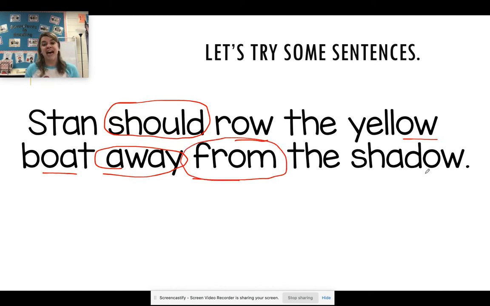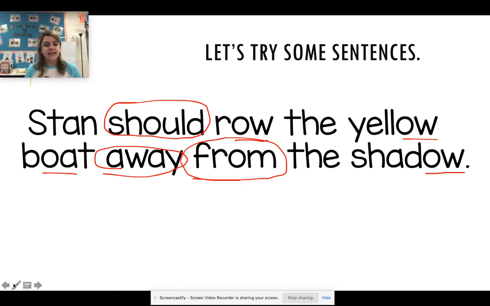The shadow, O-W at the end of a word. Also, make sure we have this super important period at the end. Now, do you see how important it is to know how to spell those red words? Our red words are in everything we do, okay? So that's why we practice it and we really take it seriously. We want to know how to read them as soon as we see them, but we also want to try our best to learn how to spell them, all right?